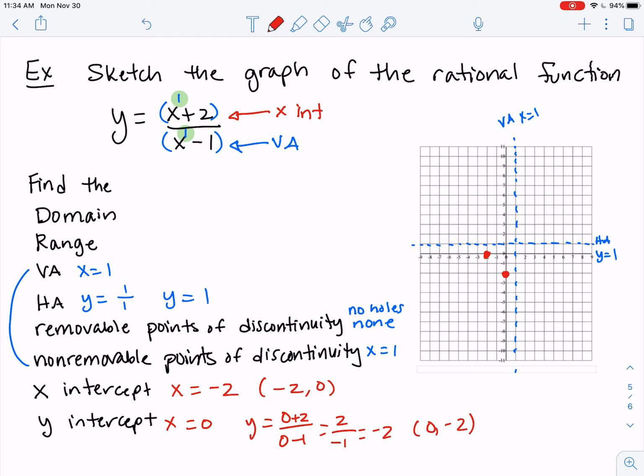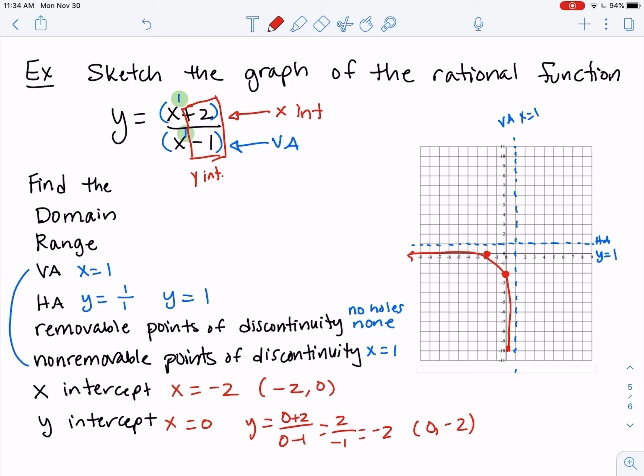Notice when you take into account their signs, the constants for each will give us our y-intercept. All right, so let's go ahead and graph it. There's one branch. Okay. I can do the other branch.